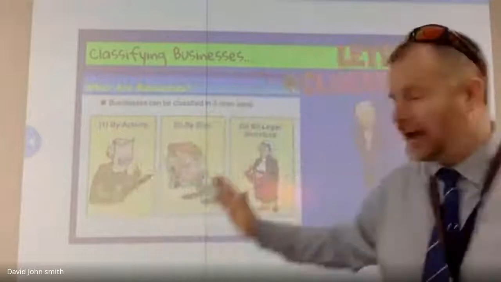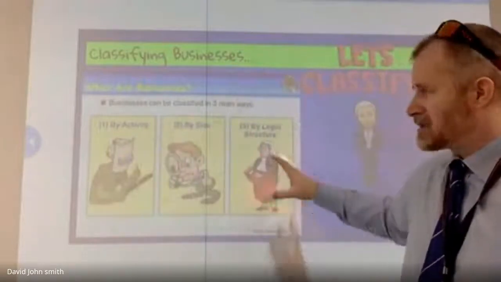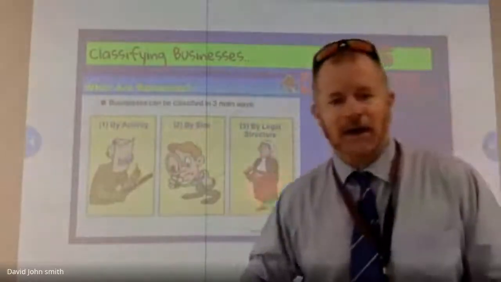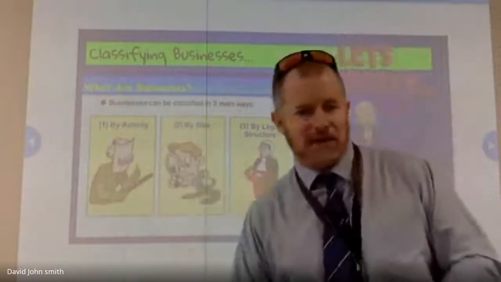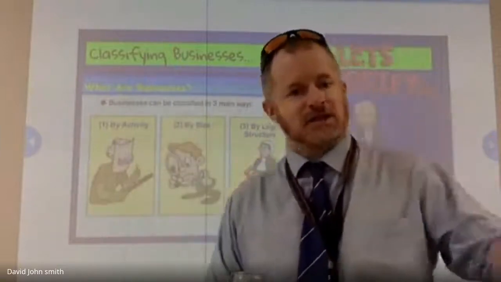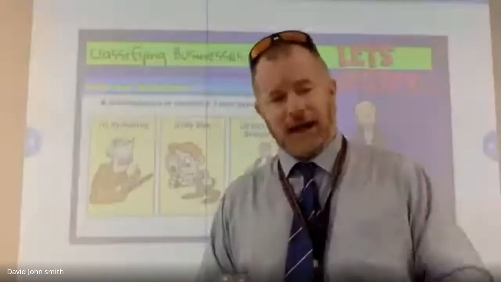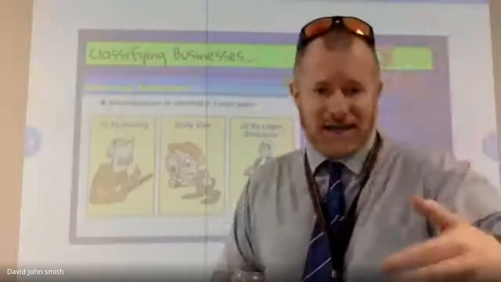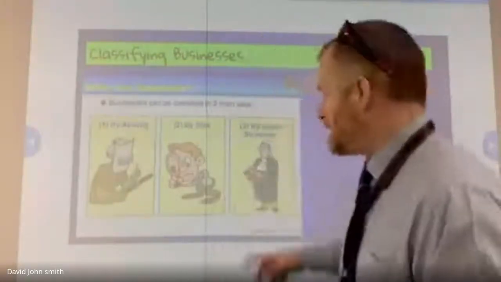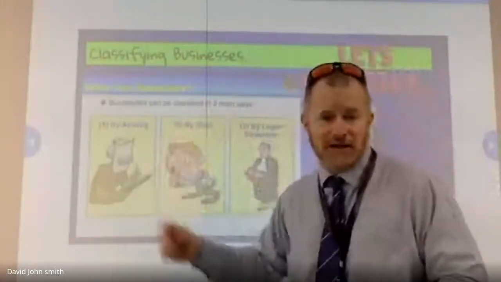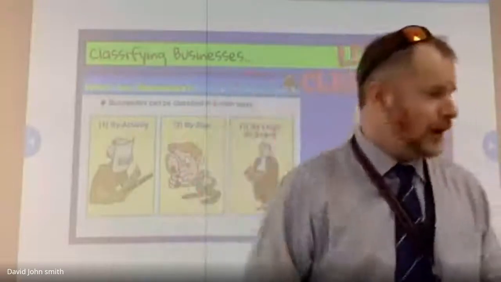You can put them into different categories based on their legal structure. This step 2 is what we're going to be thinking about today: the size of these businesses. Because you've got case studies already of a business that you've been looking at, we're going to be adding to your case studies based on this idea about size.